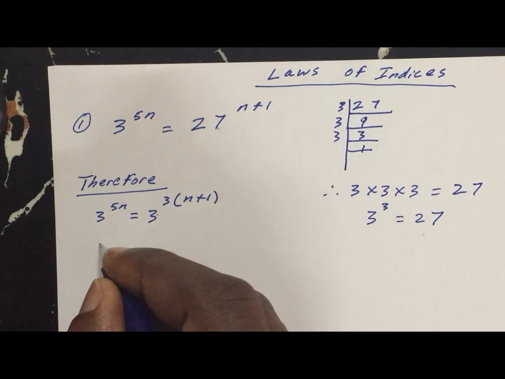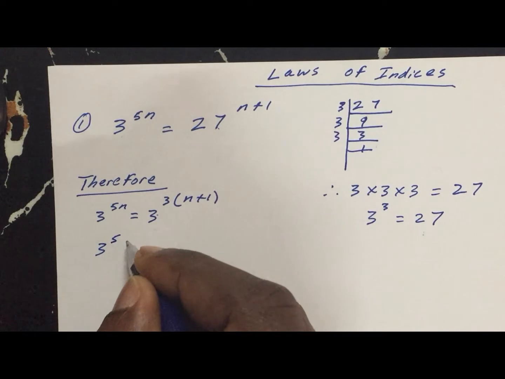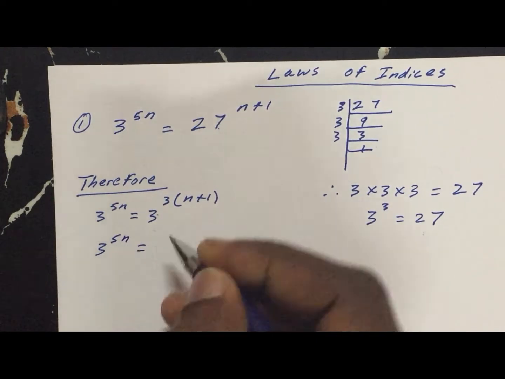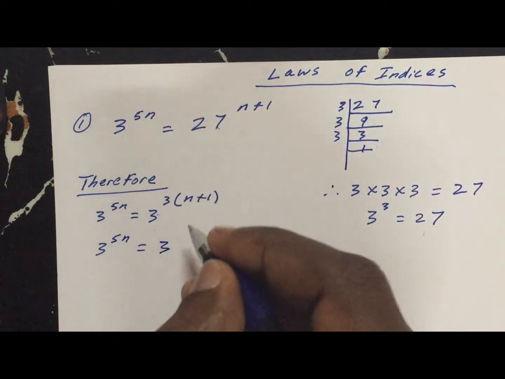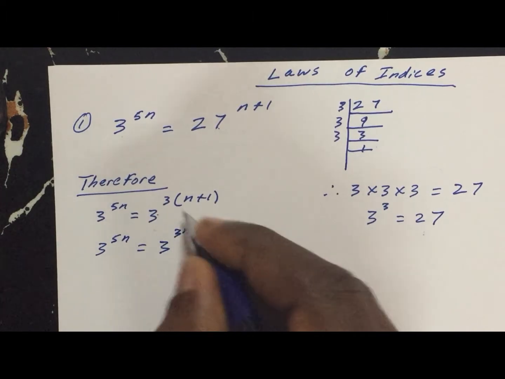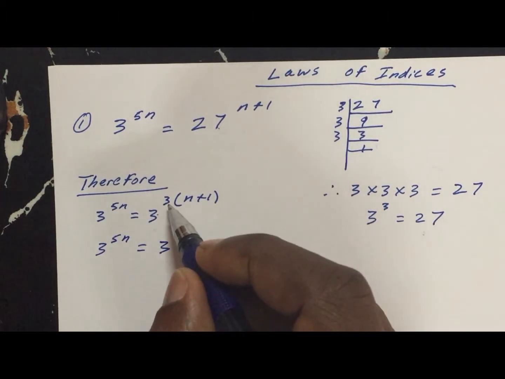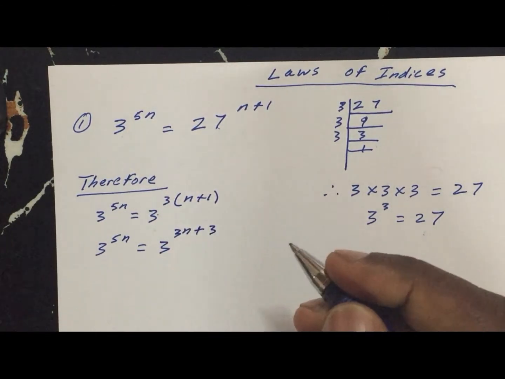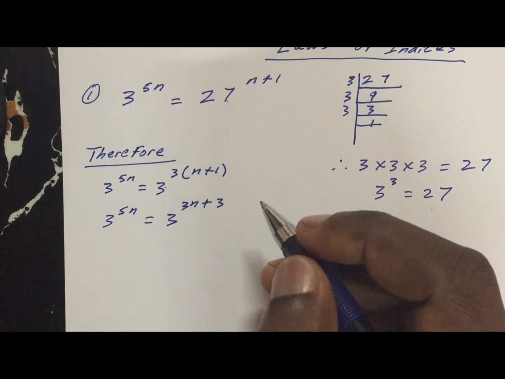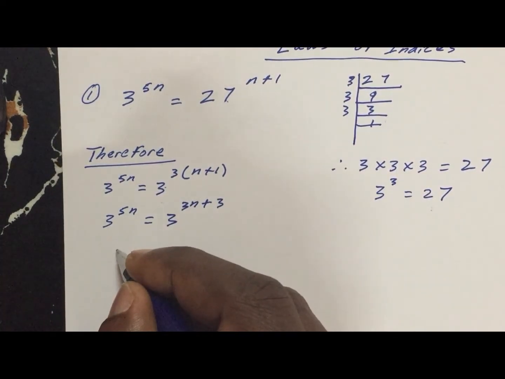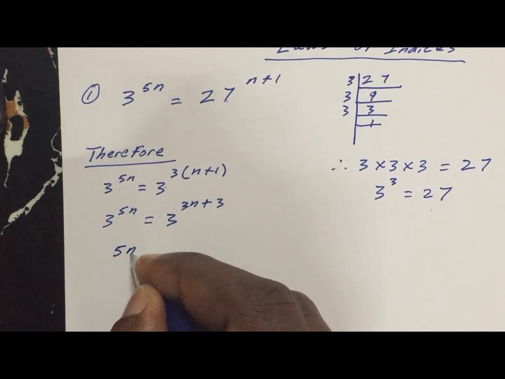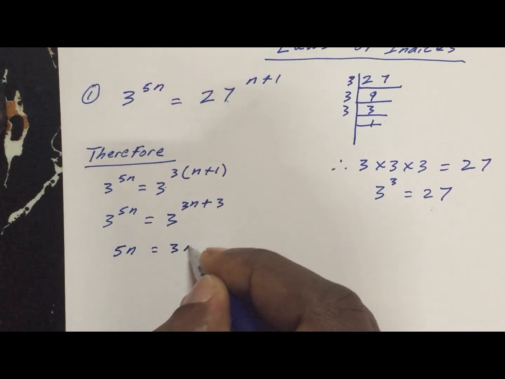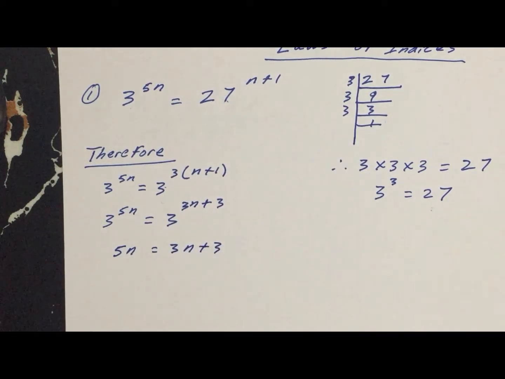So we will get 3 to the 5n is equal to 3 to the 3n, 3 times n is 3n, plus 3 times 1 is 3. Now we go right ahead and drop the base. When we drop the base, we end up with 5n is equal to 3n plus 3.